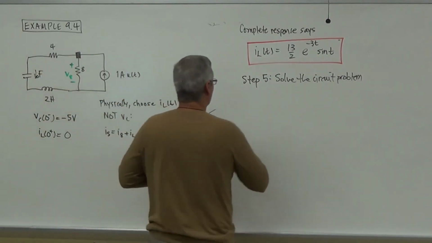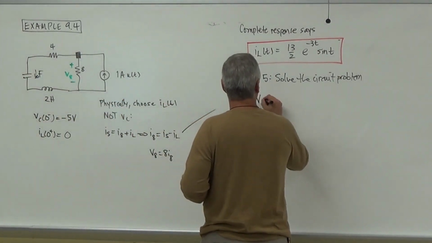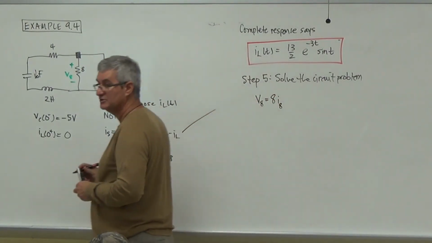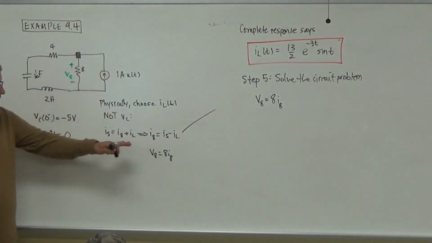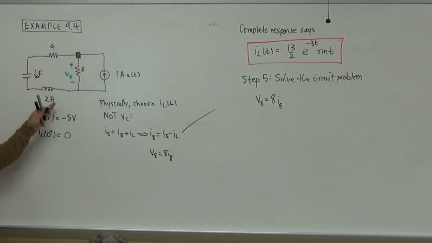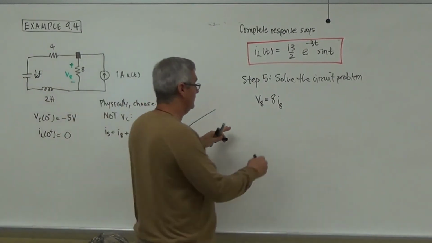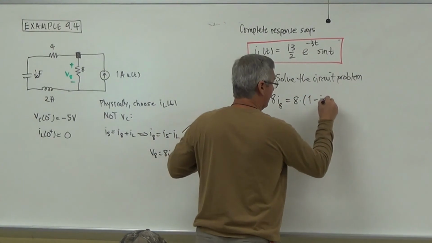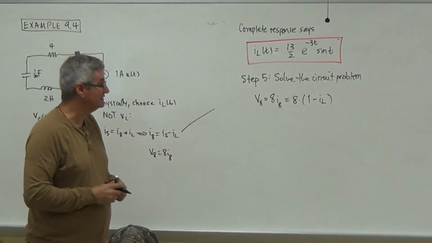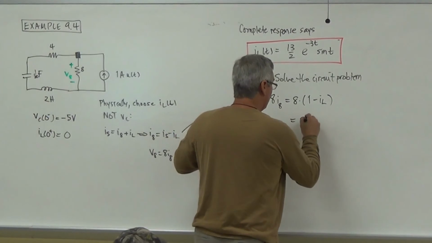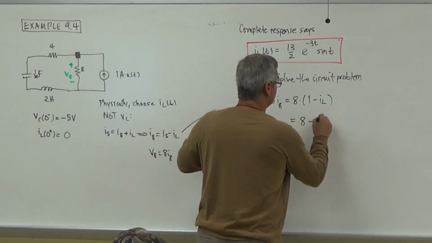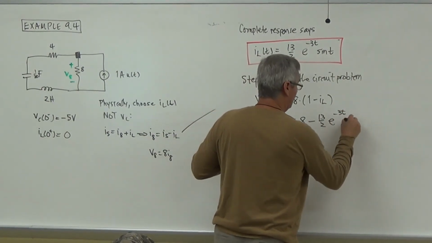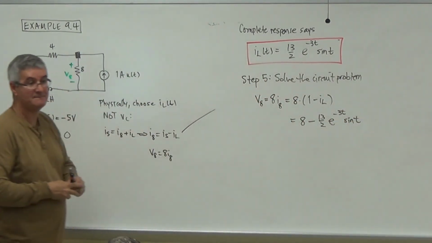So what did we say? We said that the voltage across the 8 ohm resistor had to be 8 times the current of the 8 ohm resistor. And the current of the 8 ohm resistor was the source minus the inductor. So it has to be 8 times the quantity 1 minus IL. So it has to be 8 minus 13 half e to the minus 3t sine of t.